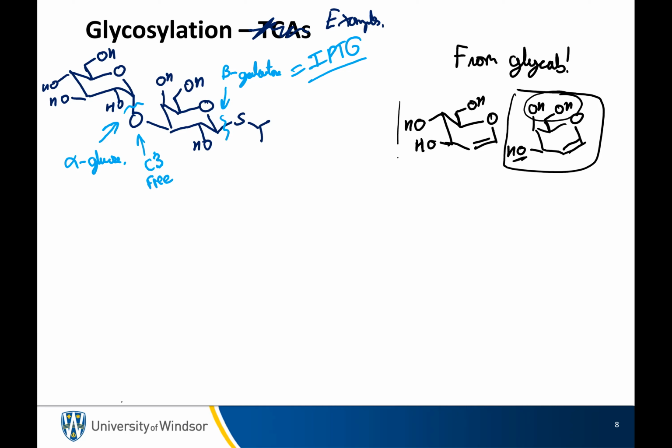And I would activate this such that I'm going to get attack from the bottom face. So you need to activate the top face of this double bond. And there was only one way we saw of doing that. And when you do that, you'll see how you can also make sure that you get the glucose OH there.